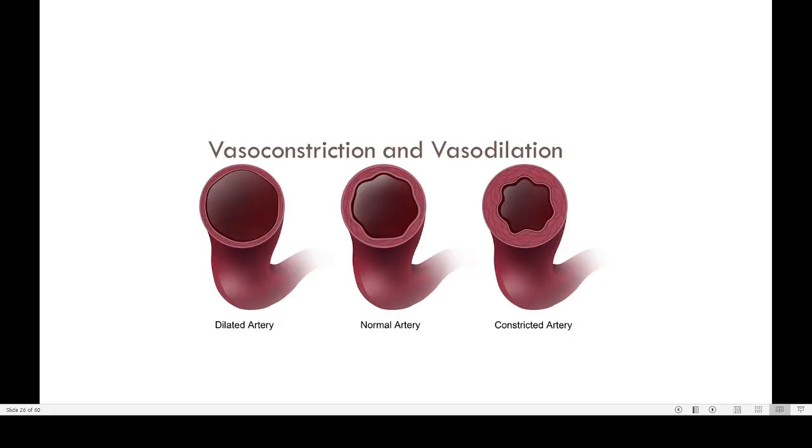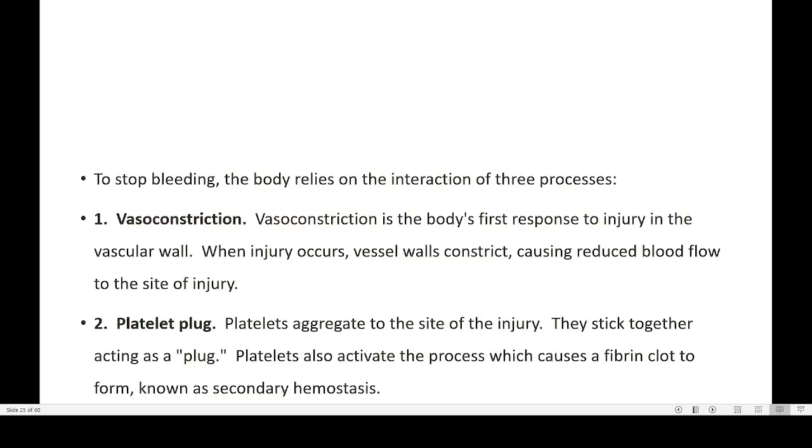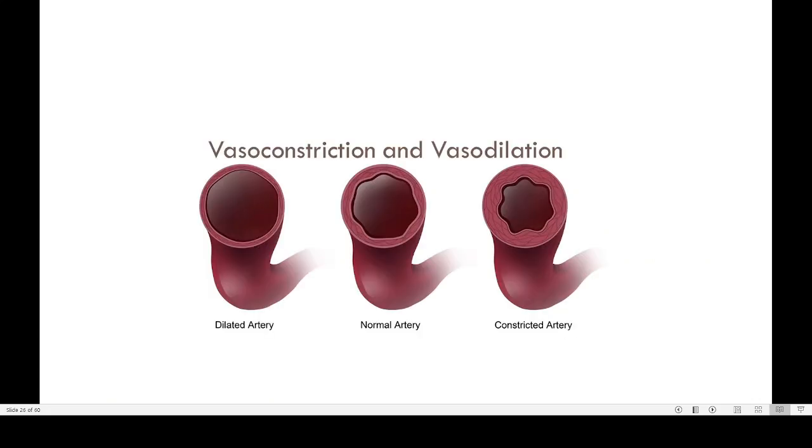See here, you can see how the vasoconstriction is. This is the normal size of the artery. When there is vasoconstriction, the inner diameter is reduced, so little blood will come through. In platelet plug formation, many platelets come together and stick with each other.